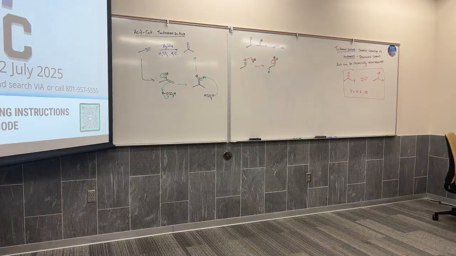No, not the alpha carbon. Yep, good. Do you notice what that carbon is? There's no beta carbon in this molecule. The alpha carbon and then the carbonyl carbon. That's right. And so you were trying to deprotonate the aldehyde itself, which is not acidic.